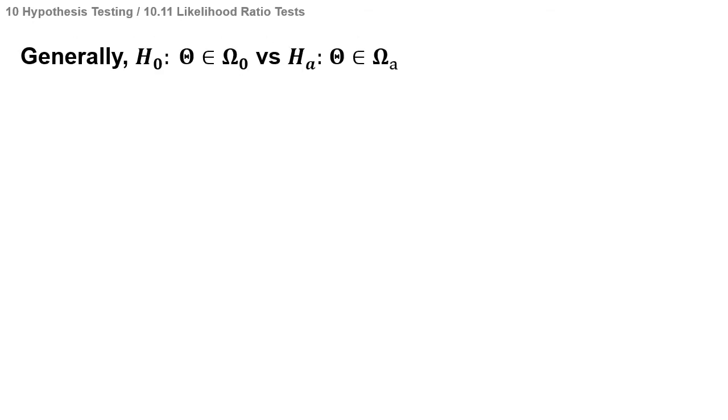So generally, we can write our null hypothesis and alternative hypothesis this way. The set of parameters is inside the full set, this is a particular set inside the null hypothesis space, and this is for the alternative hypothesis space.